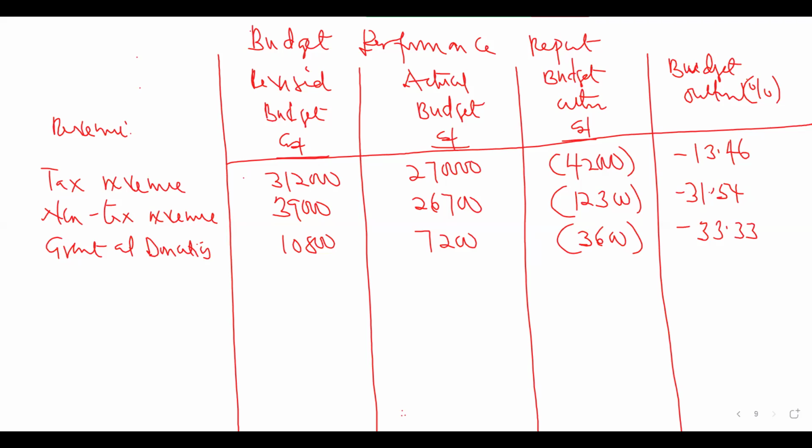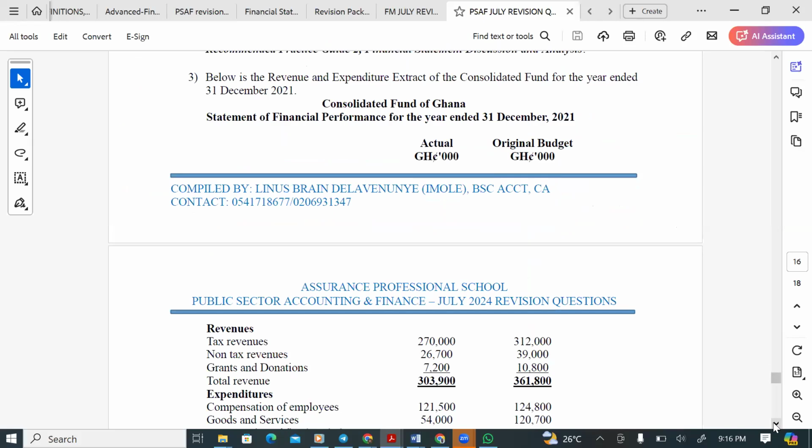So we now come to expenditure, isn't it? For expenditure, you have to know that some of them have been revised. They have added some items to some of them.